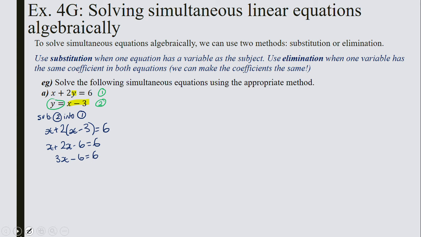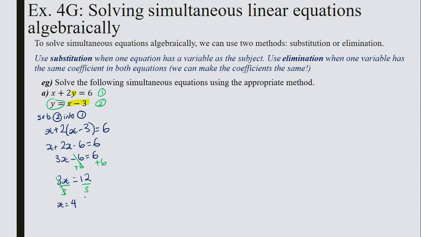The opposite of take 6 is plus 6, so they'll cancel. And I'll do that to both sides to get 3x equals 12. And then to get x on its own, I of course need to divide by 3, and I'll do that to both sides. So this gives me x equals 4. That is half of my solution.